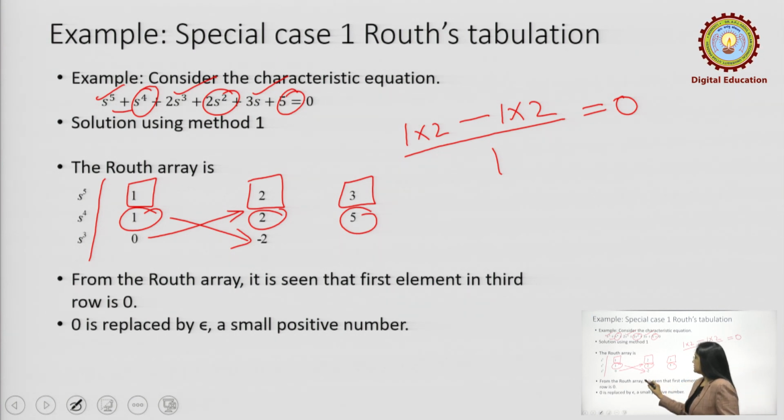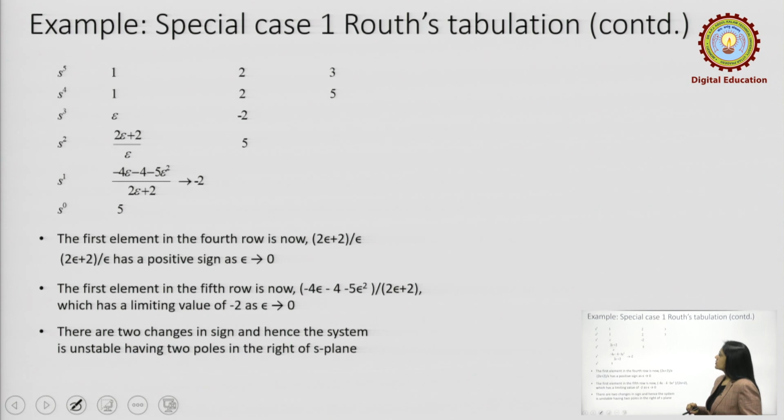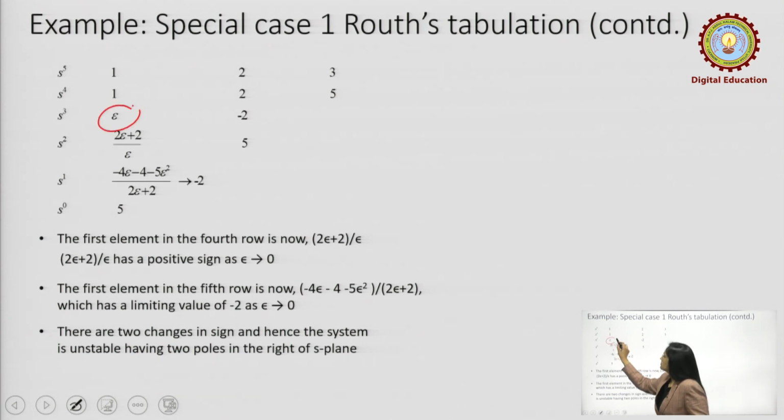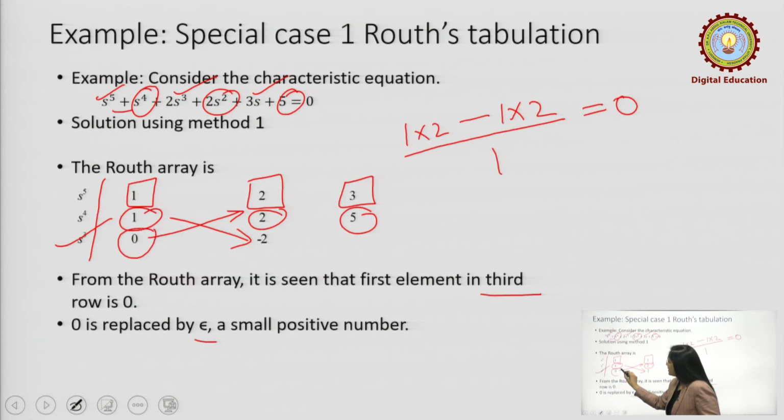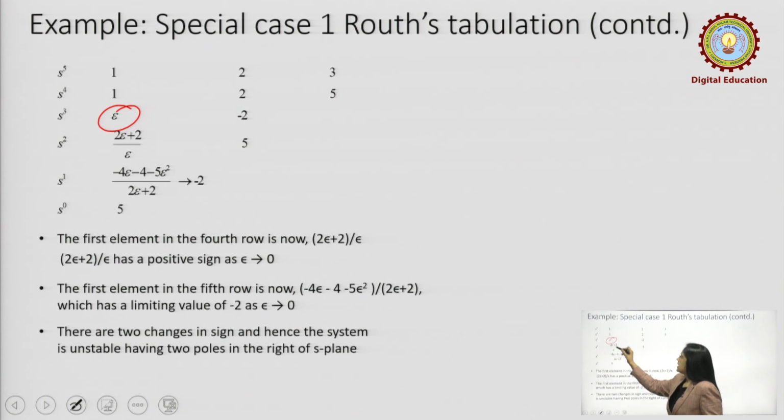It can be seen that the first element of the third row has become 0. So, we cannot go ahead with the tabulation since we will get a value of infinity. Therefore, we replace 0 by a small number epsilon, and then we go ahead with the solution.